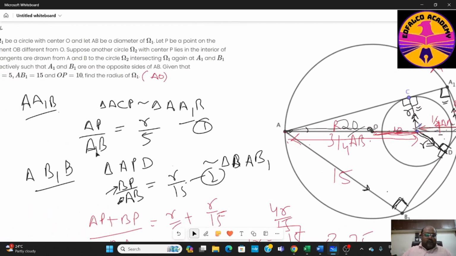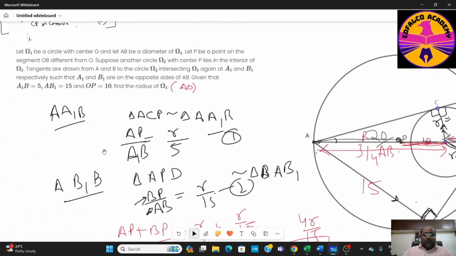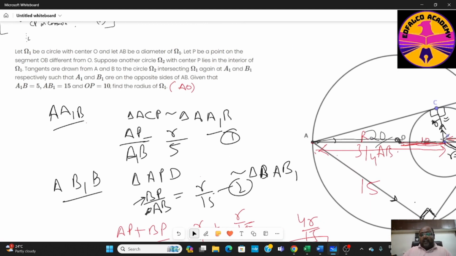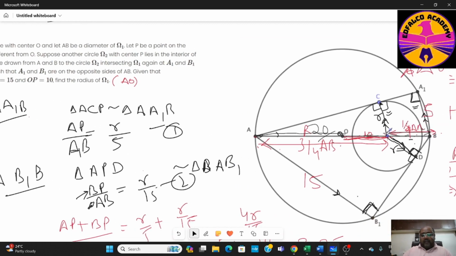So that was the end of this problem. Here you can see we have a couple of things that we used. One is the theorem that we just talked about, which is about the tangent that gave us 90 degrees. Then another theorem we used, which gave us 90 degrees here, right? And then we also used the similarity of the triangles, which gave us some relation with r, the value of the inner circle.